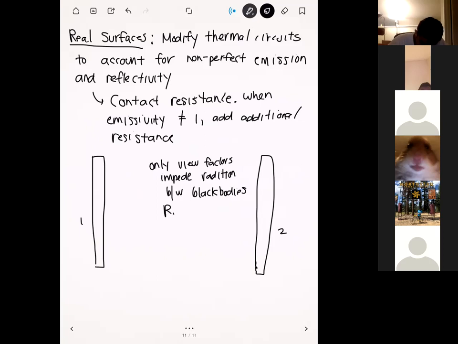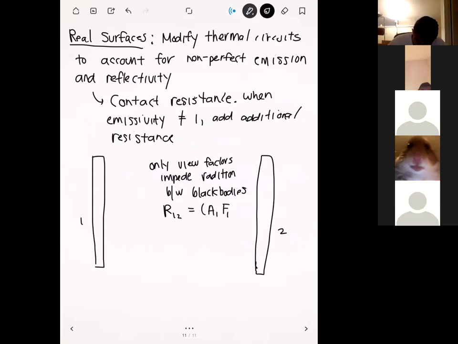And so we have an initial R12 here, and this is going to be the same as before. So this is going to be just A1 F12 raised to the -1 power.